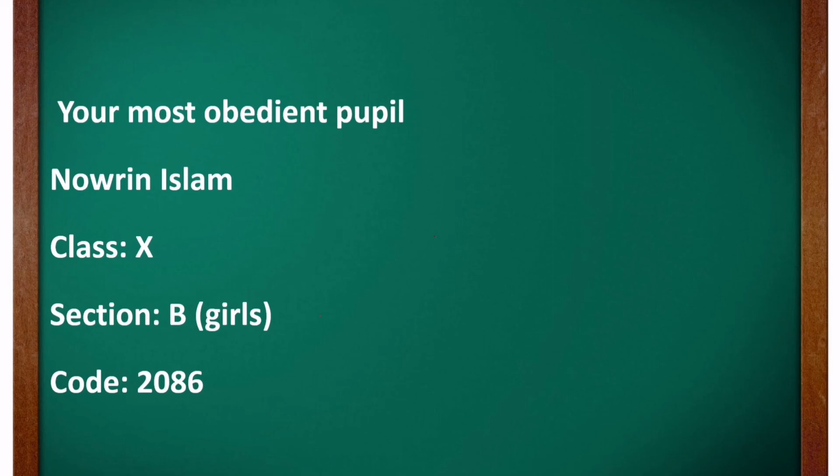In the complimentary close, you are supposed to write some closing words. Here it's written your most obedient pupil, or you can write your most obedient student. Then the name and the rest of the information should be written, like here the name is Naurin Islam, class 10, section B girls, code number 2086.